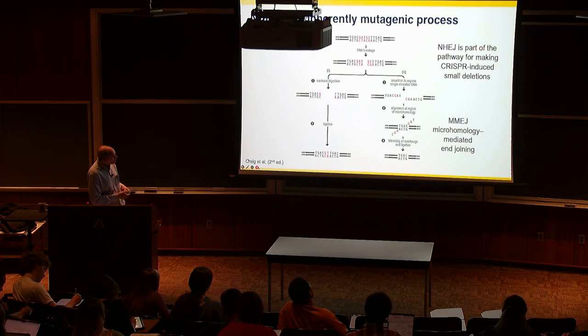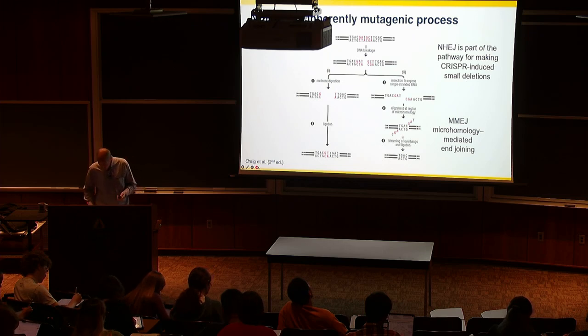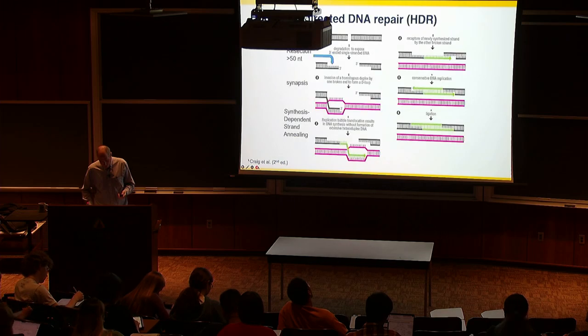Then these 2 can pair with each other. The stuff that's single-stranded gets degraded away, and this gets ligated together. Again, we've caused a deletion here. So this is still sort of sloppy. This is the non-homologous end joining slop that invariably causes mutations, or almost invariably.